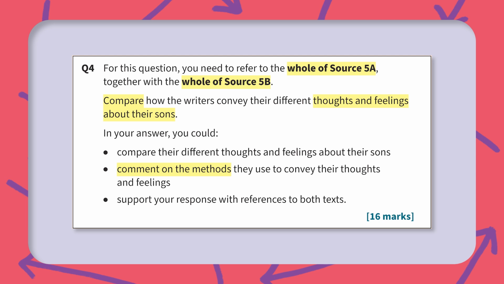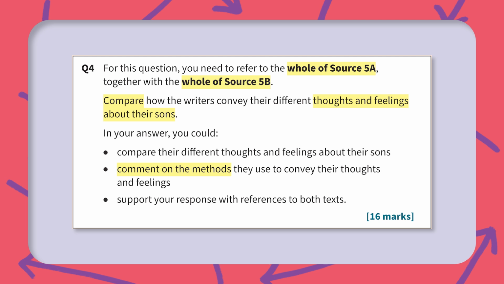You're given bullet points to guide you. They remind you of the parts of the question. So first bullet point, compare their different thoughts and feelings about their sons. Comment on the methods they use to convey their thoughts.